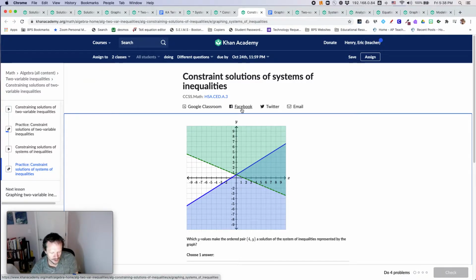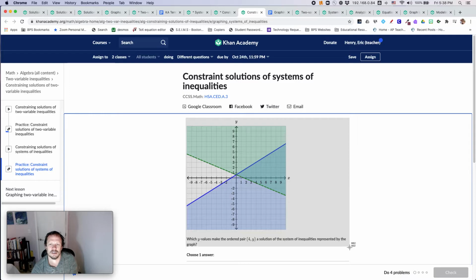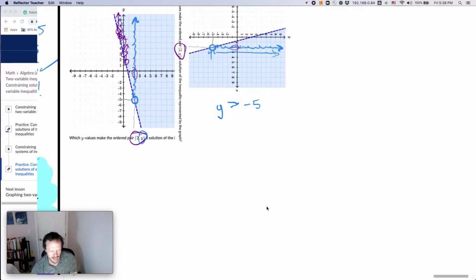Another opportunity to use our conceptual understanding. Here we're being asked to look at a graph of a system, not just a single inequality, and to consider what happens with a particular x coordinate. Some of these might give you the y coordinates, the same kind of thing.